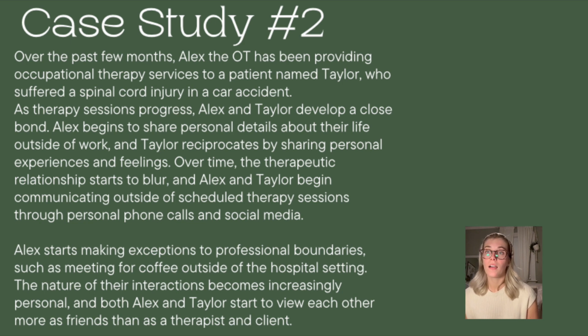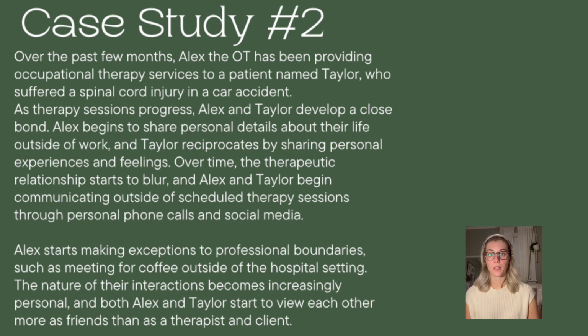Over the past few months, Alex, the OT, has been providing occupational therapy services to a patient named Taylor, who suffered a spinal cord injury in a car accident. As therapy sessions progress, Alex and Taylor develop a close bond. Alex begins to share personal details about their life outside of work, and Taylor reciprocates by sharing personal experiences and feelings.